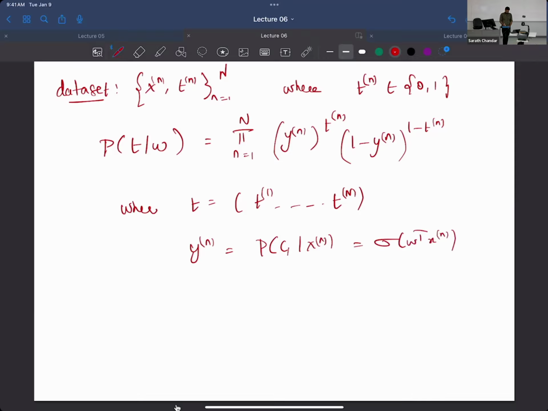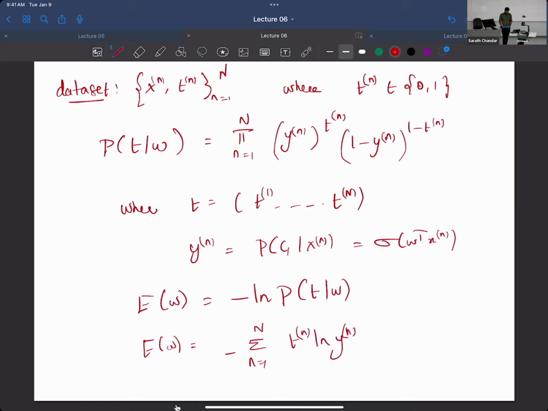Okay, so the error function that we are trying to minimize is minus ln P of T given W, which is basically minus summation n equal to 1 to capital N of Tn ln Yn plus 1 minus Tn ln 1 minus Yn.